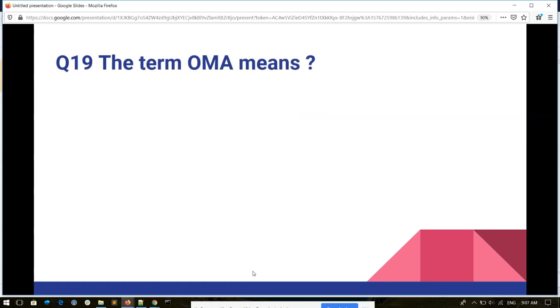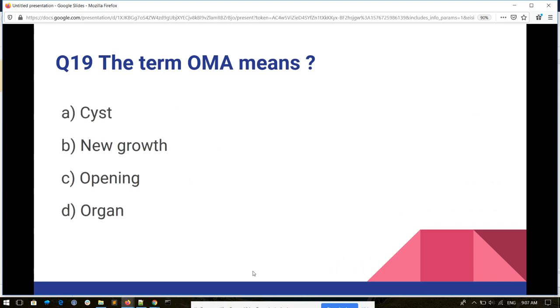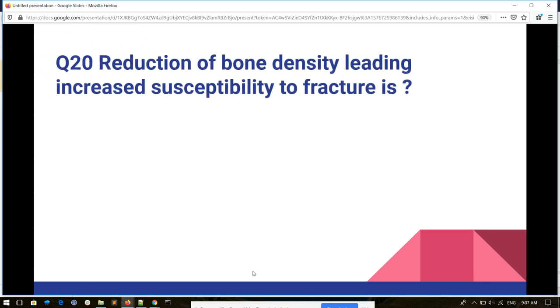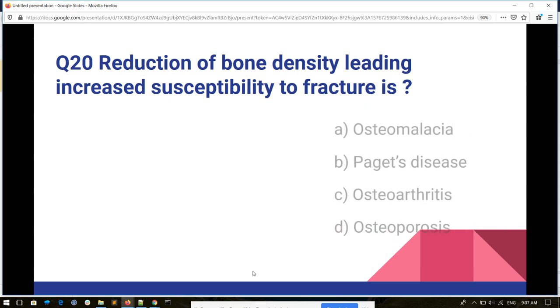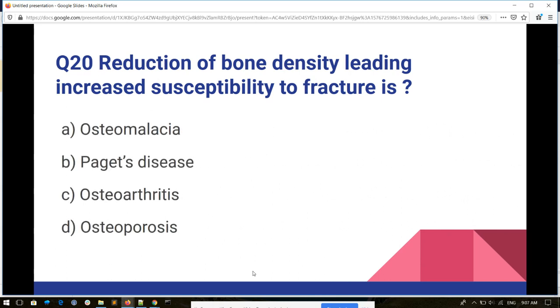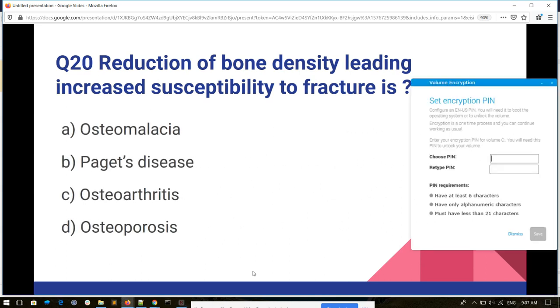Question number 19. The term OMA means cyst, new growth, or opening an organ, and its meaning is new growth. Question number 20. The reduction of bone density leading to increased susceptibility to fracture is osteomalacia, Paget disease, osteoarthritis, and osteoporosis.